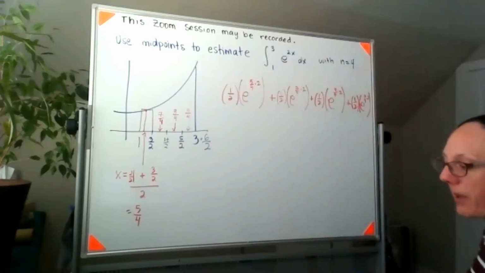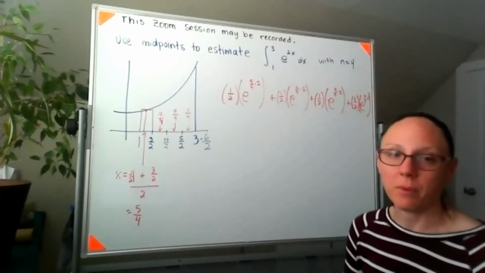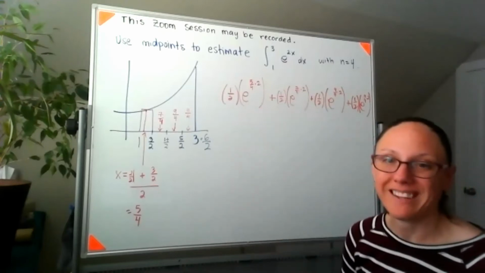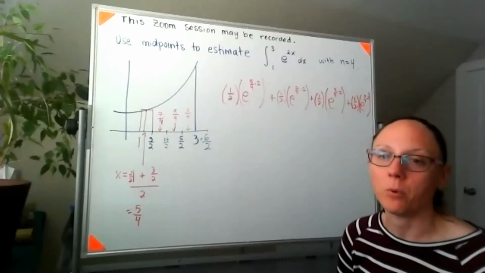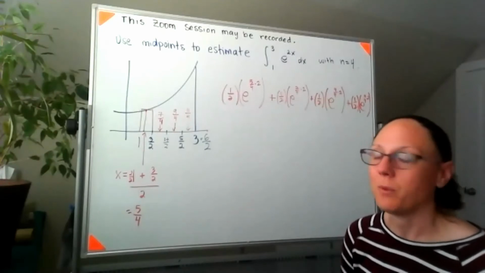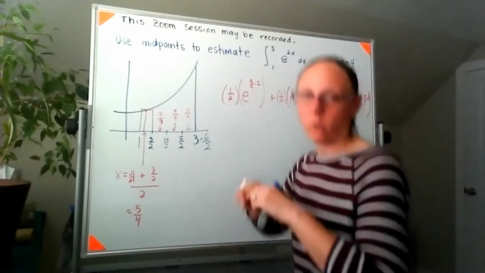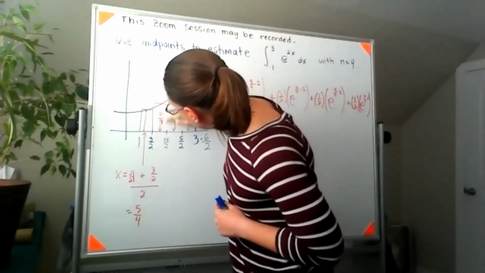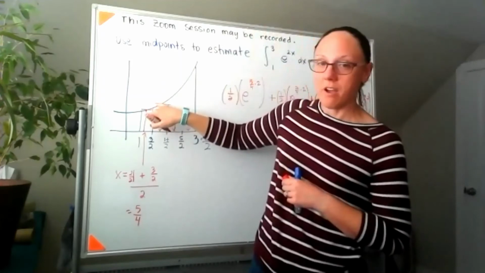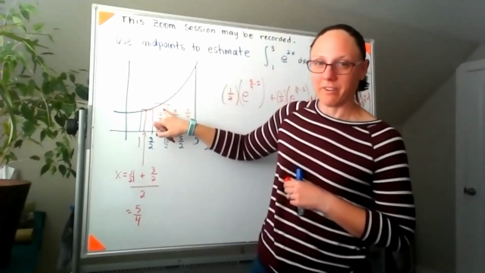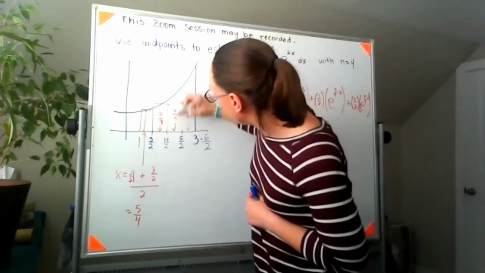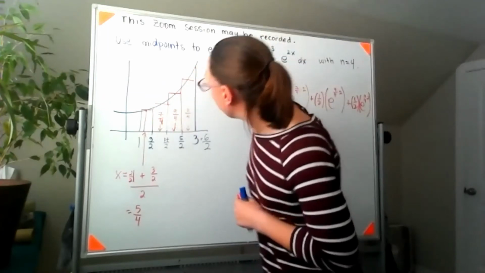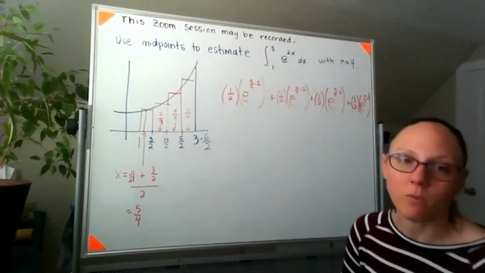Now what the book talks about is that if I'm estimating, then our midpoint estimate is usually more accurate than our left endpoints or right endpoints, because we're sort of averaging out that we'd have a little bit of an overestimate and a little bit of an underestimate for each of our rectangles.